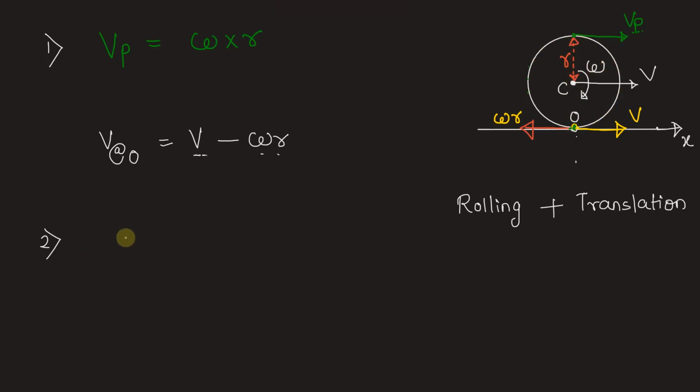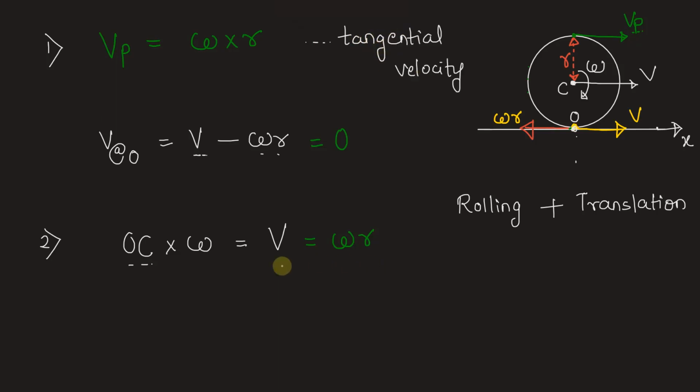So distance from the instantaneous center is OC into omega, which will be nothing but the velocity at this point C, V. Now OC is of course equal to R, that is why V is also equal to omega R. If we put this here, we get velocity at point O is 0. So this is by the concept of tangential velocity, while this is by the concept of instantaneous center.